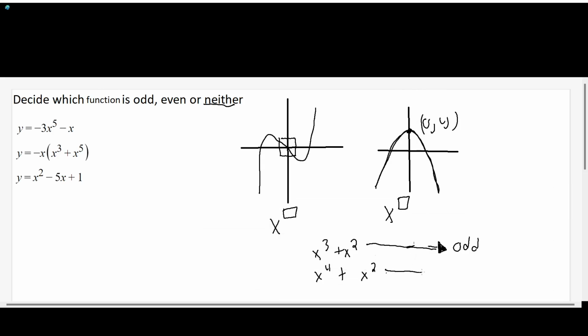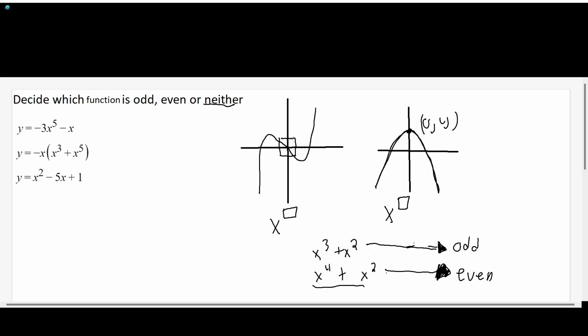Now, the reason I had to get rid of it was because the function output has to be, remember, for even functions, reflected in the y-axis.